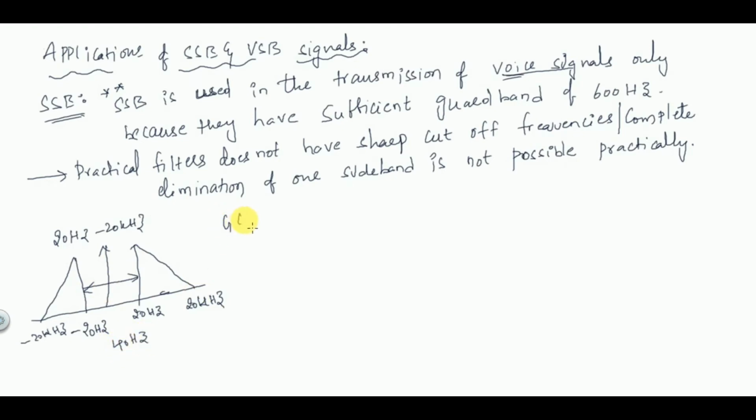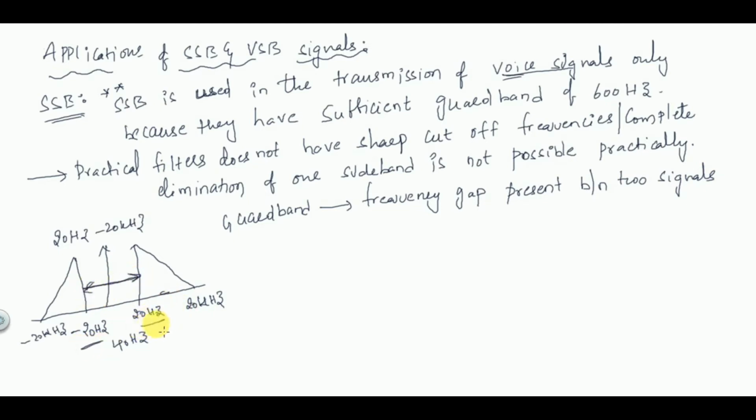So guard band is the frequency gap present between two signals. Okay, so the gap here is only 40 Hz, 20 Hz minus of minus 20 Hz. So only 40 Hz is not possible. So sharp cutoff frequencies is not possible.